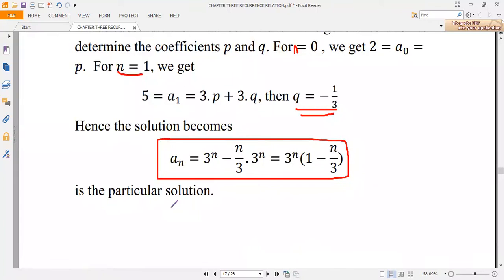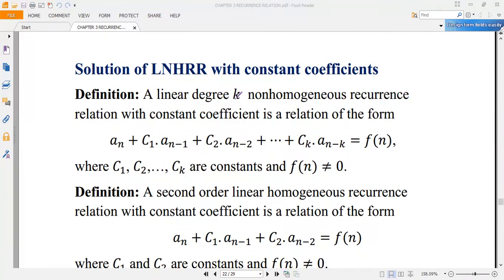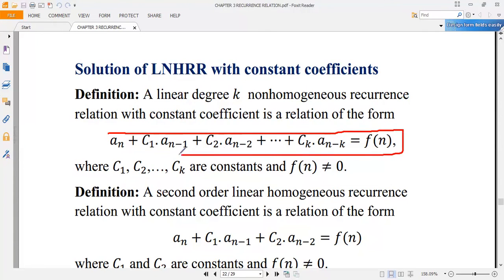Now we will see in the next section case 3, where the roots of the characteristic equation of the recurrence relation are complex conjugates. A linear degree k non-homogeneous recurrence relation is of the form like this one. You can see that f(n) is different from 0, where the coefficients c1, c2, up to ck are constants.